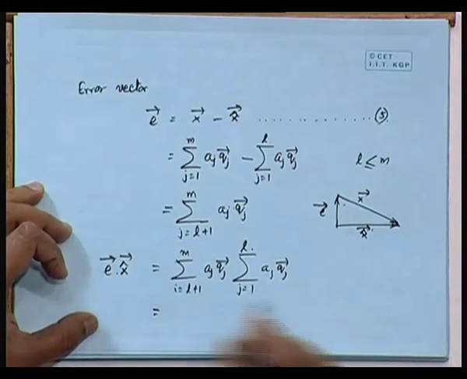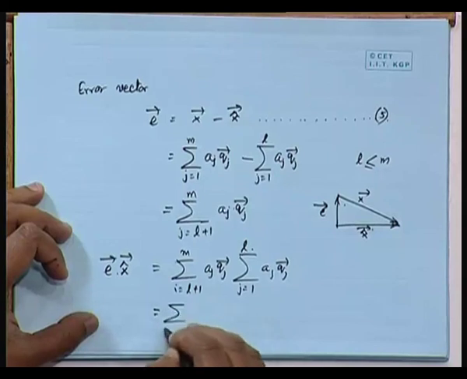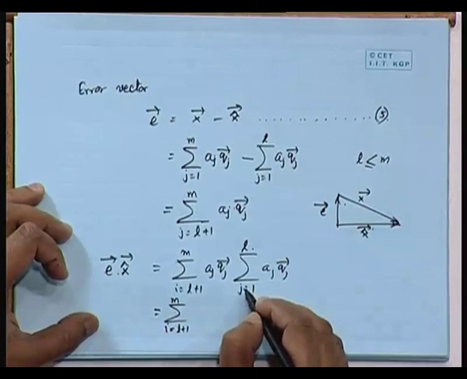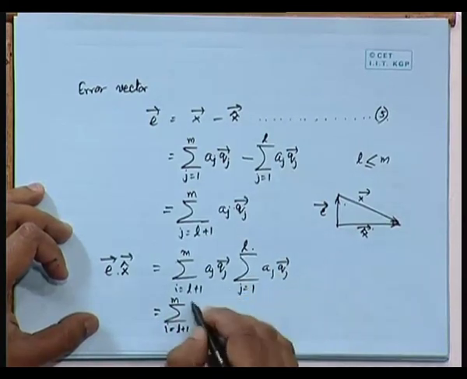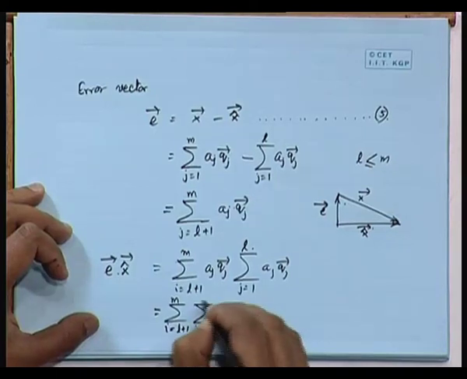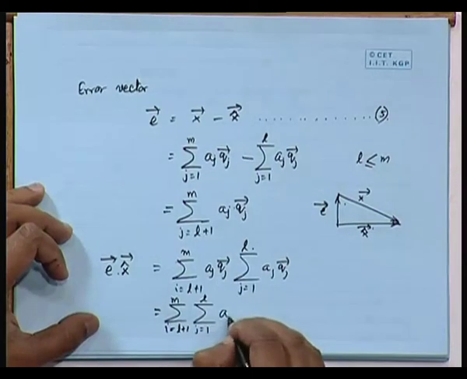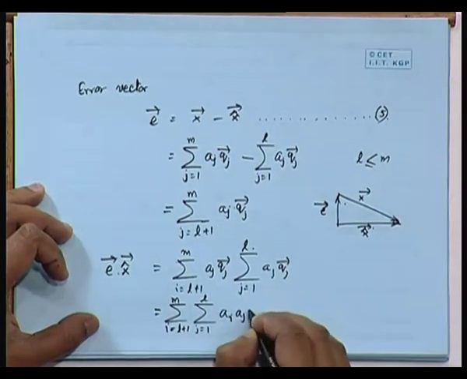And this one essentially becomes the summation i equals L plus 1 to m. The ai, aj are all scalar quantities, so no problem. And here we have j equals 1 to L.